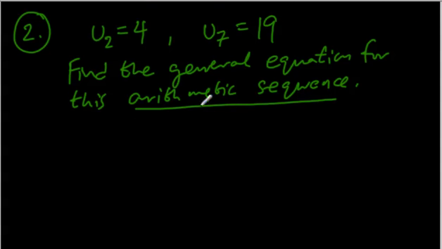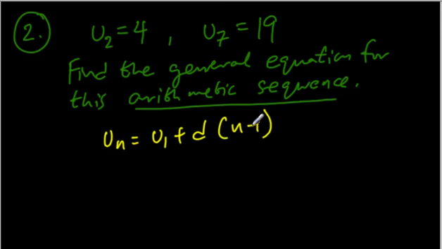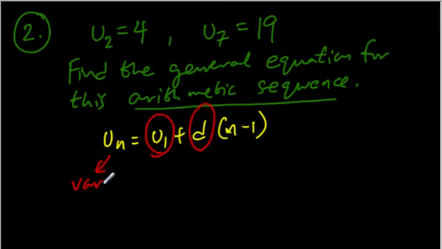If we want to find the general equation, it's nothing more than un is equal to u1 plus d(n minus 1). But the problem is we don't know what u1 is, because that's the very first term of the sequence. We know the second term, but we don't know the first. And we don't know what the common difference is. un and n are variables because they change depending on what position you're at.